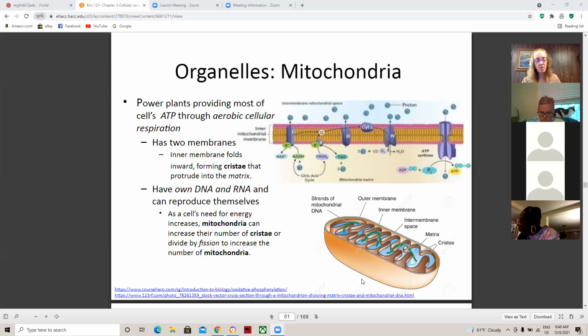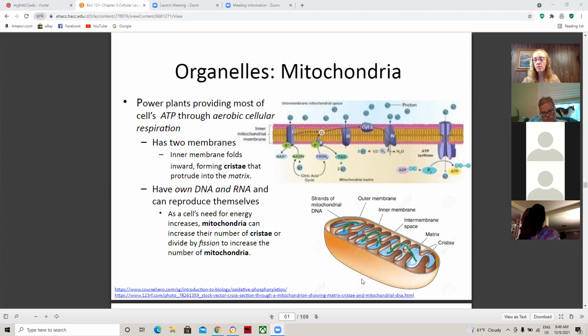However, another ability that comes because mitochondria have their own DNA and RNA is that if a cell's need for energy increases, the mitochondria can increase their number of cristae or increase the number of mitochondria within the cell, because they can actively do their own protein synthesis.